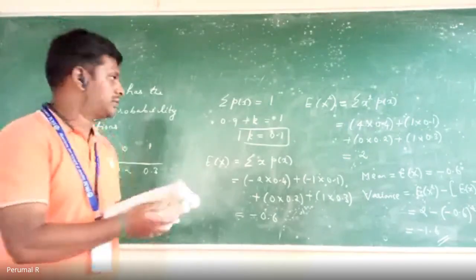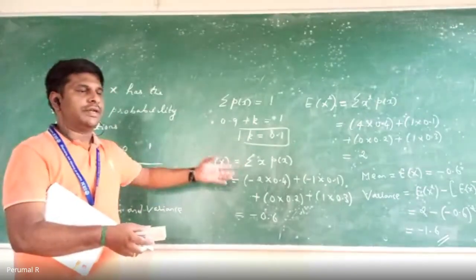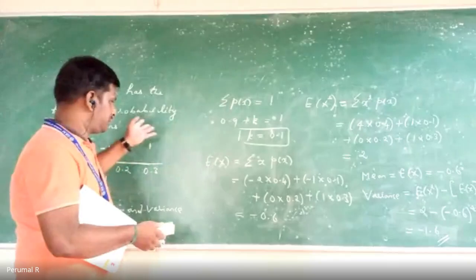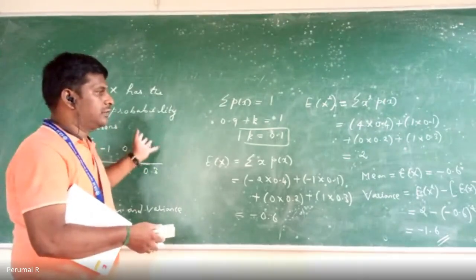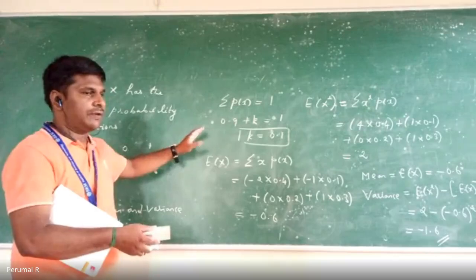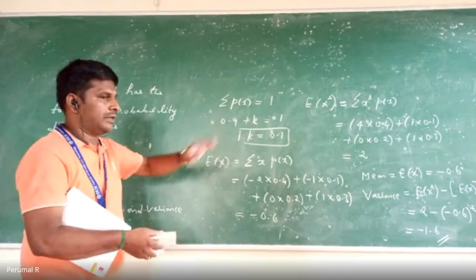So this is the simple concept of mean and variance. From the examination point of view, mean and variance means you can identify whether it is discrete or continuous, and in that case you apply the corresponding formula.